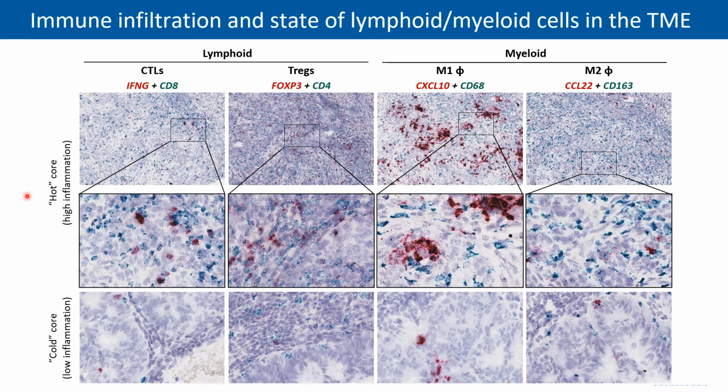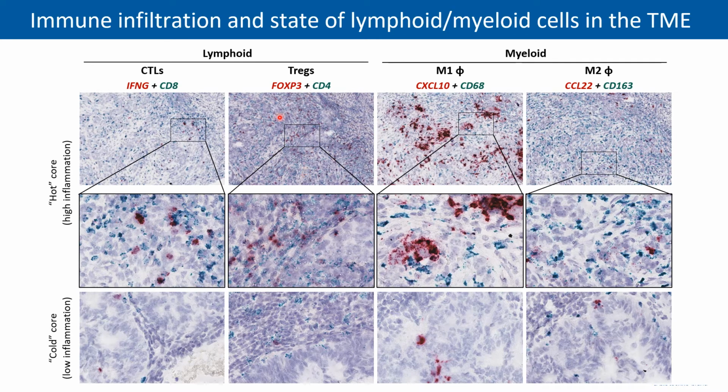And we have named this the hot core because it exhibits high expression of immune checkpoint and immune cell markers. Here we are looking at expression of CD8 and interferon gamma, which are your markers for cytotoxic T lymphocytes, and also for FOXP3 and CD4, which are markers for regulatory T cells.